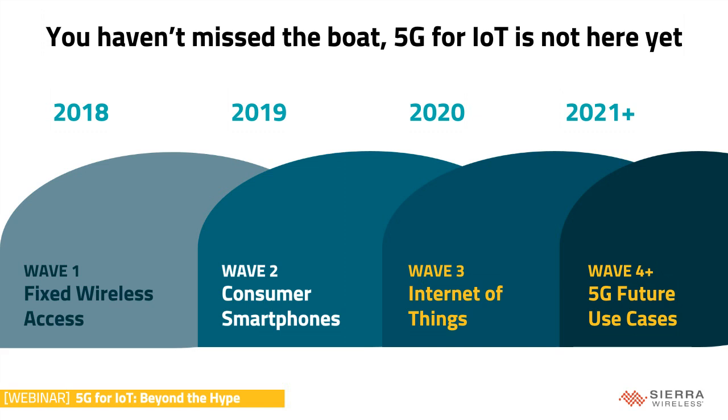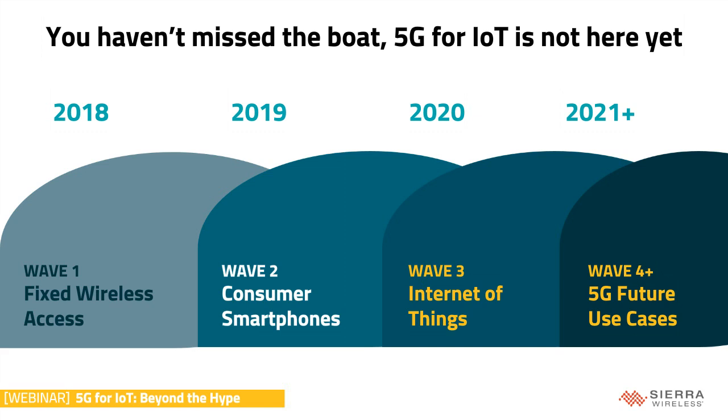And then looking into 2020 and beyond, this is really where we start to see the introduction of 5G into the IoT space. So from a Sierra Wireless perspective, it's here where the use cases that require things like 5G modules, so things like routers, gateways, PCs, and so forth, that's where all these types of applications will begin to emerge.